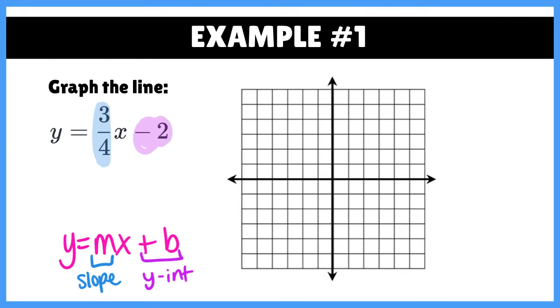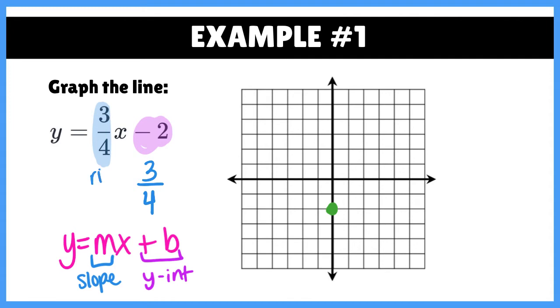You start by putting that y-intercept on the y-axis. Since it says -2, I'm going to go down to -2 on the y-axis, and I'm going to place my first dot there. So that's my first point. Now I take my slope, which is 3/4.